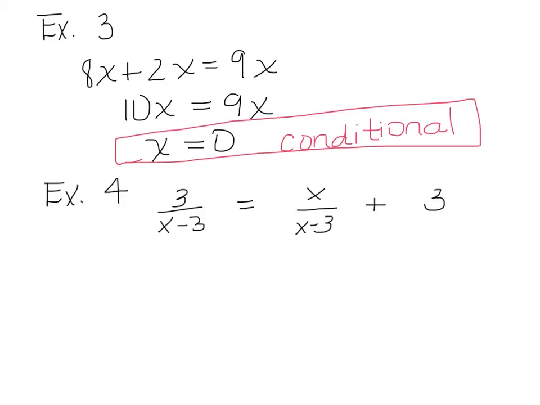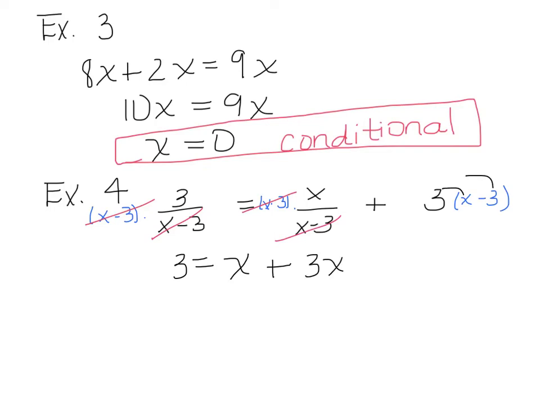Okay, this example, our common denominator is x minus 3. So I'm going to multiply everything by x minus 3. And here, everything cancels, so we're left with 3. Here, everything cancels, and we're left with x. And this one we just distribute. So I'm going to add the 9.